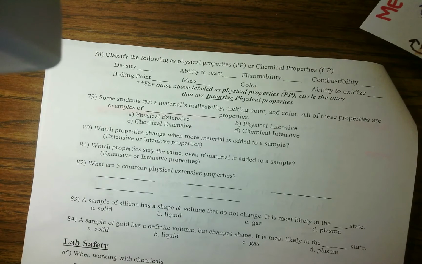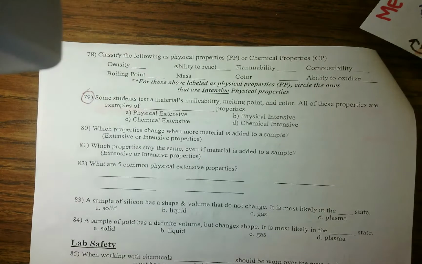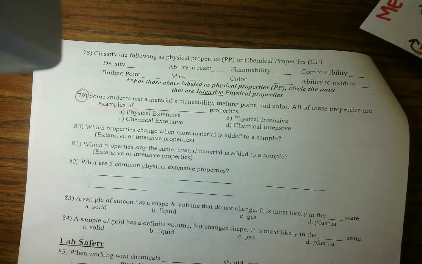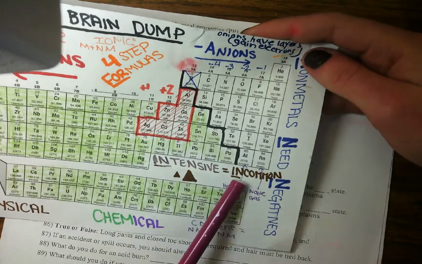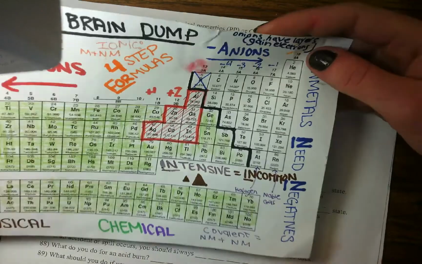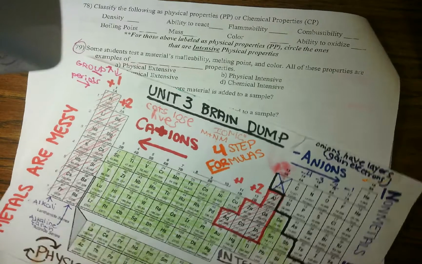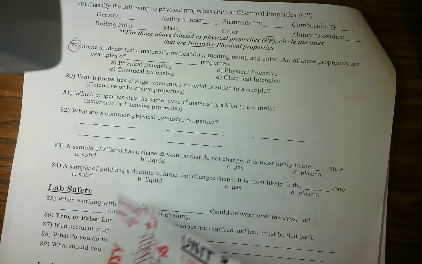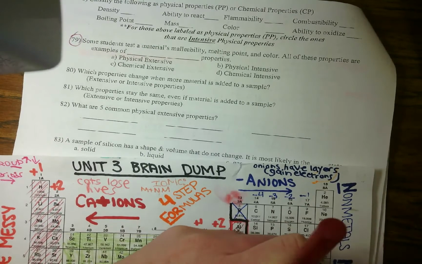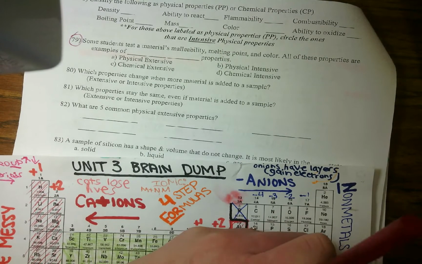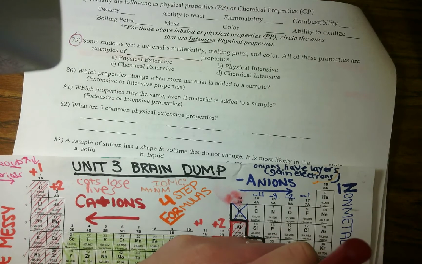Okay, so we're going to go to number 79. And again, on my little brain dump I wrote intensive equals in common. Okay, so in common, or I also can say independent. My other trick that I actually want to add to this is I'm going to write extensive is equal to extras.